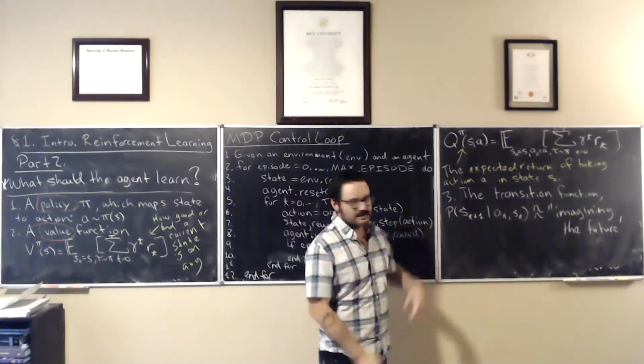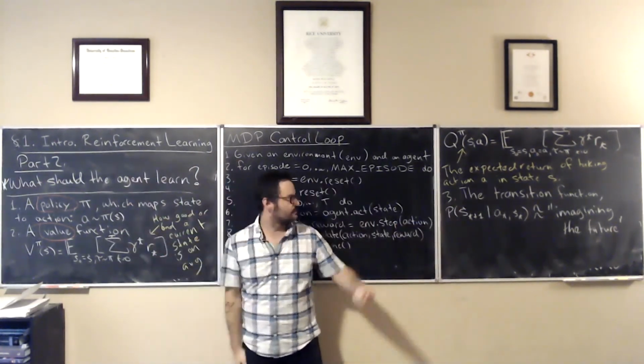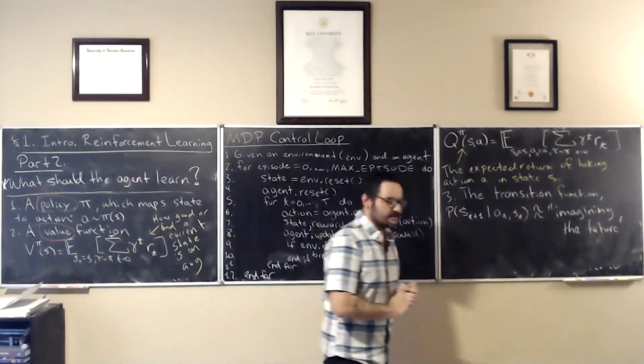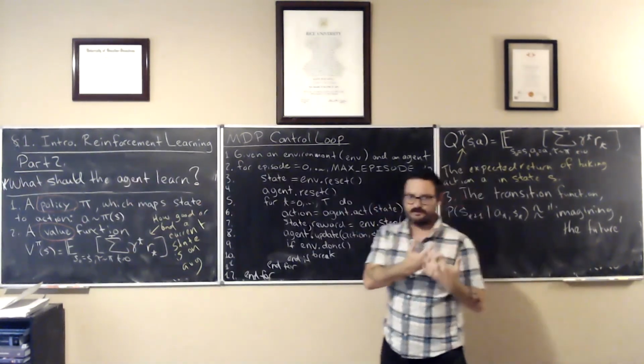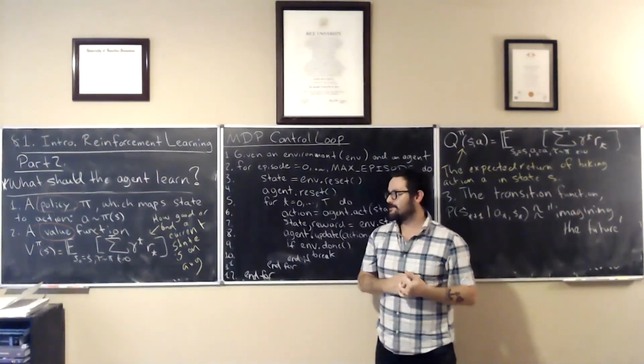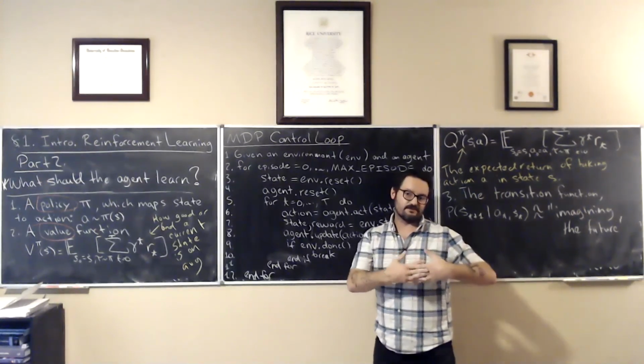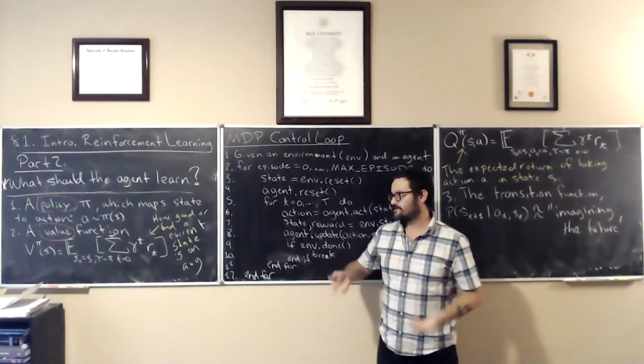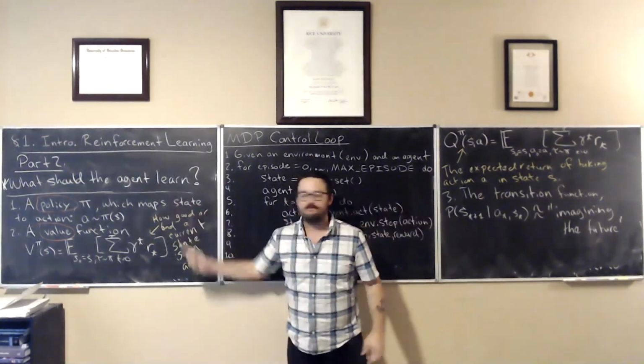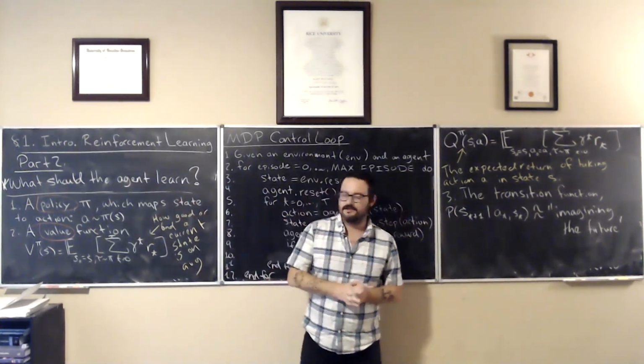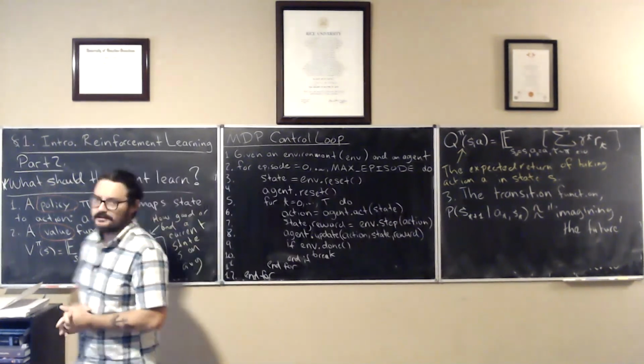So we have three things we can learn. We can learn a policy, a value, and the transition function. You can look at combinations of those learning, and you can put them against each other. You can use them together. Mixing and matching learning on these three things is where the state of the art is, I think, in reinforcement learning.